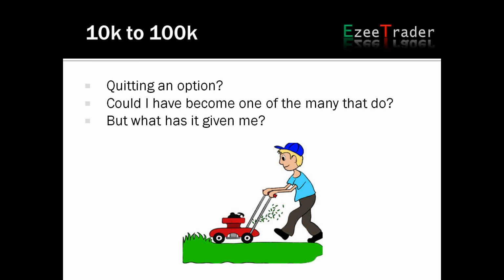The end goal's there, of course, in the background, but I'm not focused on it day to day, because otherwise it puts too much pressure on. I think traders can put too much pressure on themselves in that way. Yes, you've got to have goals, put them into your plan, but then you've got to get on with what's in front of you on your screen, on a day-to-day, week-to-week basis.